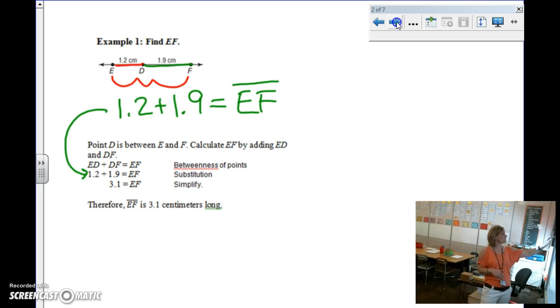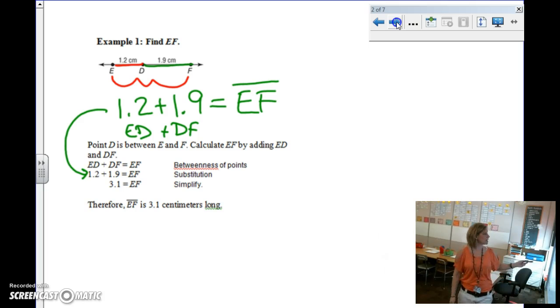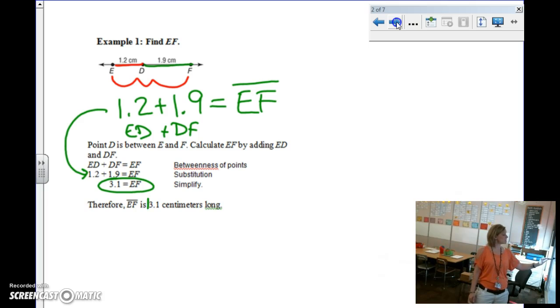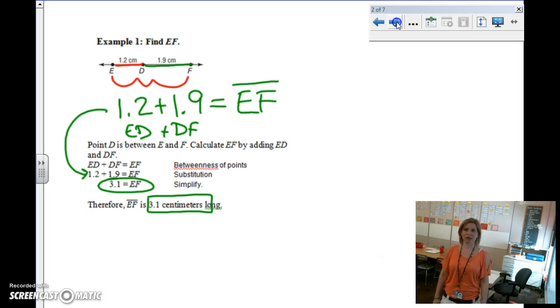The line segment ED plus the line segment DF gives us our EF segment. So all we have to do is add 1.2 plus 1.9, and we get our answer. Okay, so segment EF is 3.1 centimeters. There's your answer. That's not too difficult.